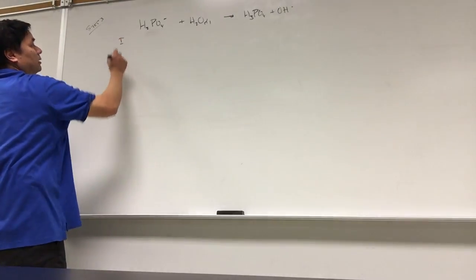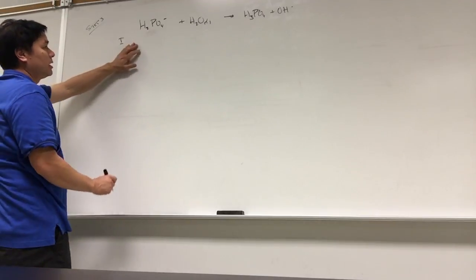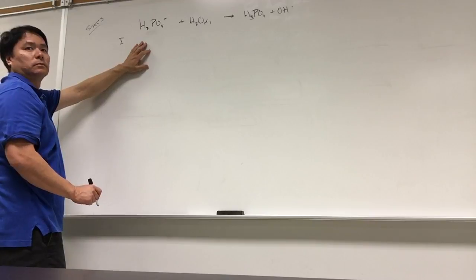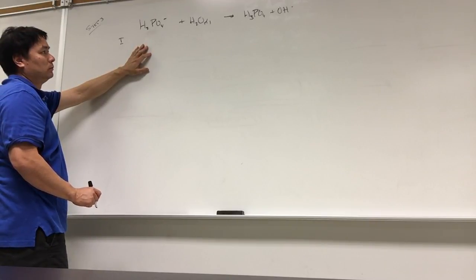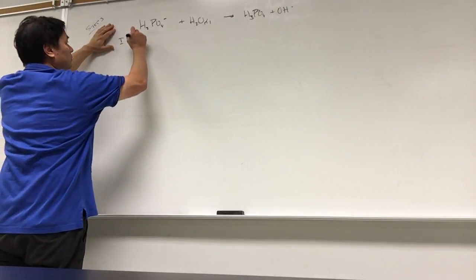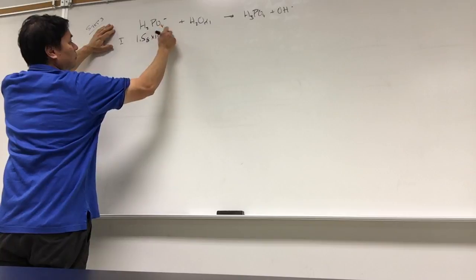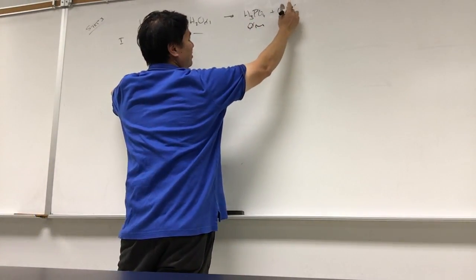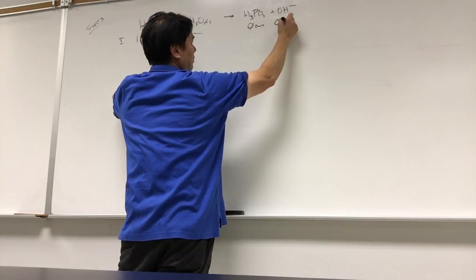We drop it down here. The initial is going to come from the previous step, step 2. How much dihydrogen phosphate do we end up with? And how much hydroxide from the previous step? 0.083.